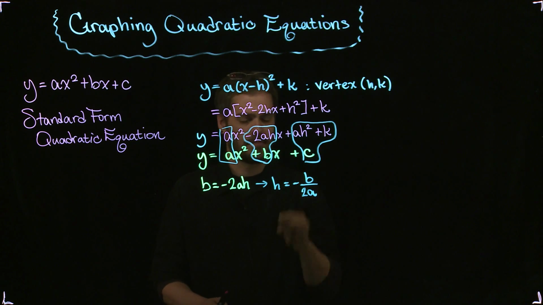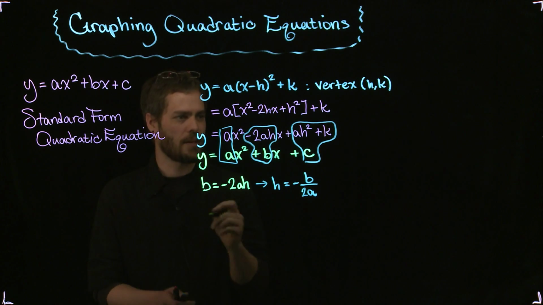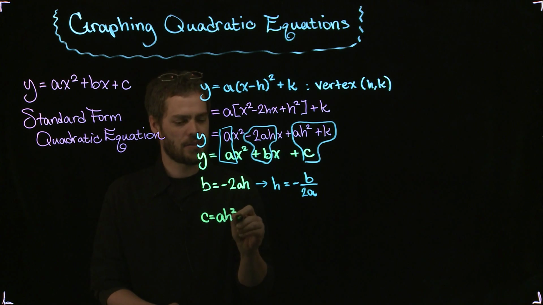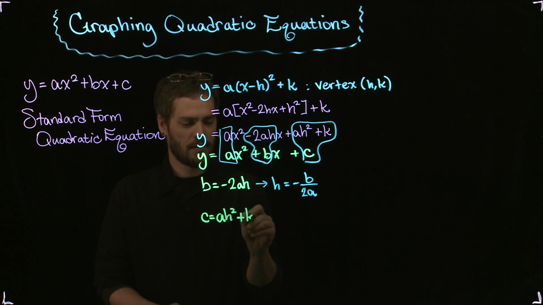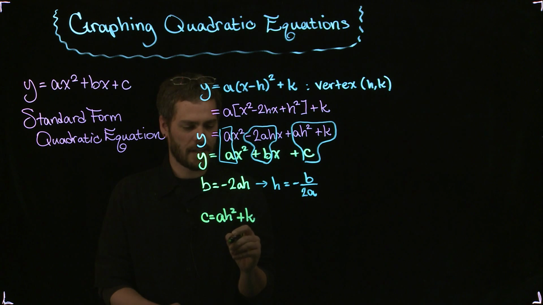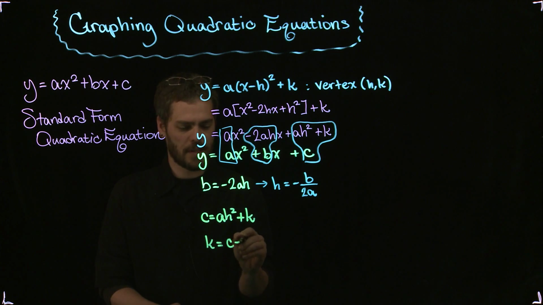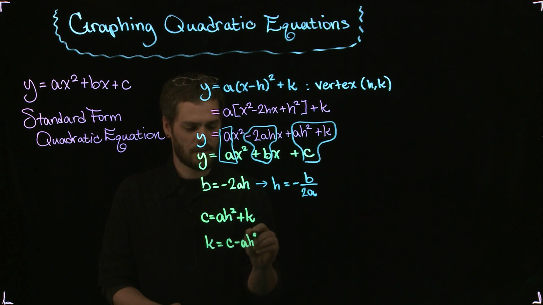Now you can say something about k also. I can say c must be equal to ah squared plus k. If I solve for k, this gives me k is equal to c minus ah squared. Of course, I don't want the h in there either because I'm relating it to the standard form, which doesn't have an h.